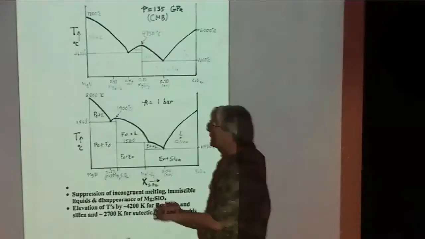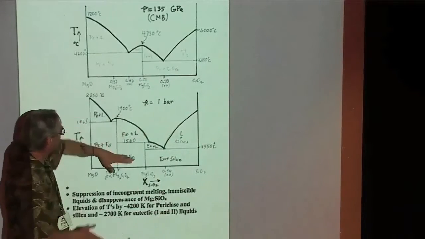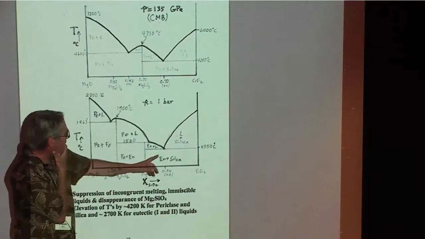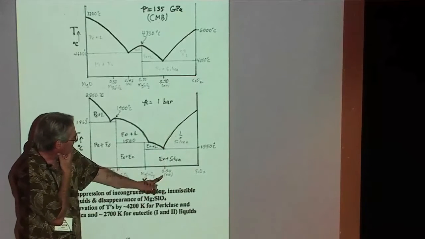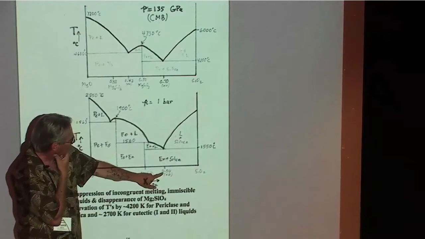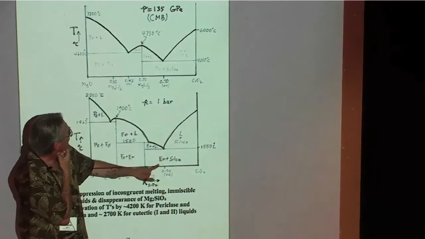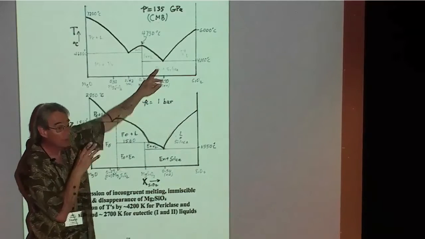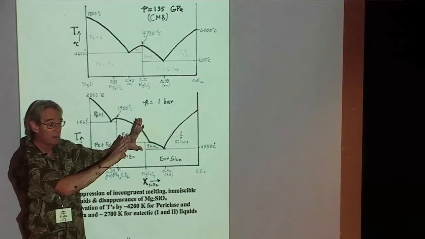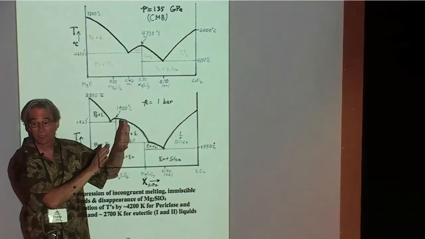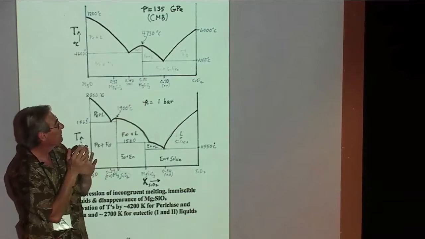The eutectics, right? So if you think about this, there's basically two eutectics in the system. The eutectic here is this composition, 0.54 of silica in this liquid. And here it's 0.7. So it's actually shifted. The liquid shifts to higher silica contents at these pressures.